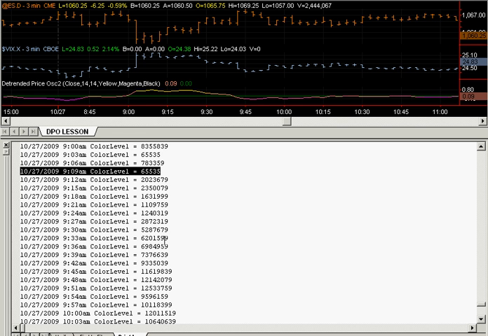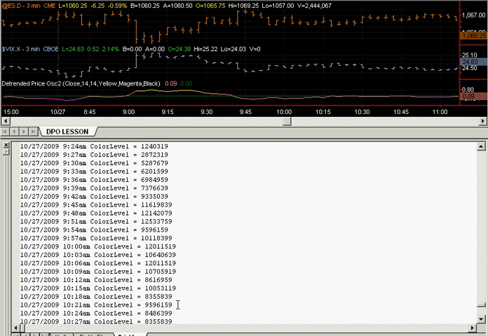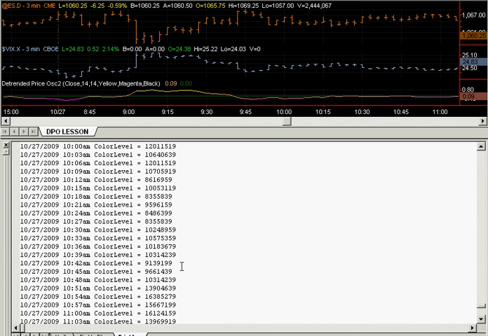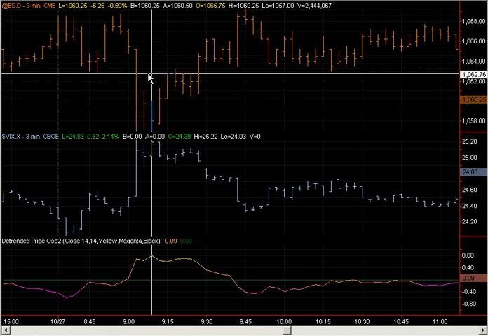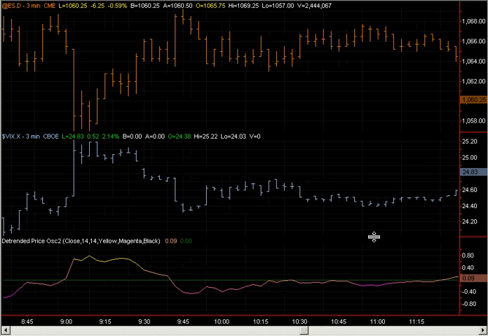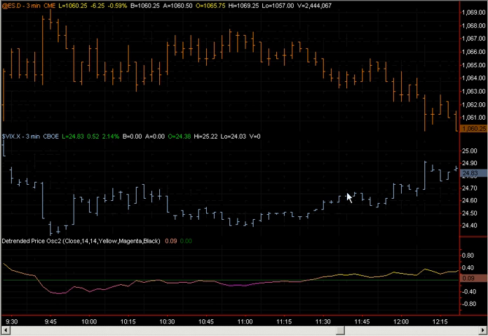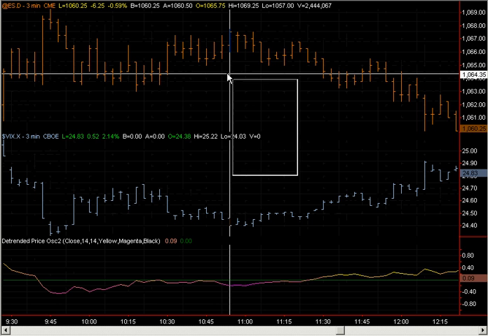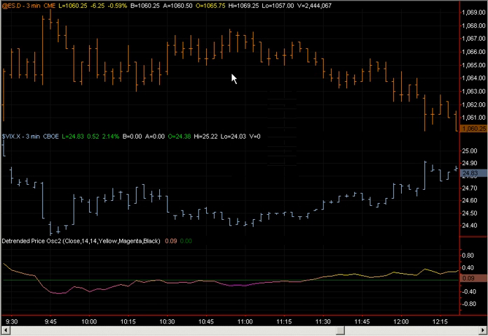As you scan down here, you'll notice that level is not reached until approximately right here at 10:54 a.m. What is that associated with? We go long here, and at 10:54 a.m., right here, it finally reaches its maximum once again.